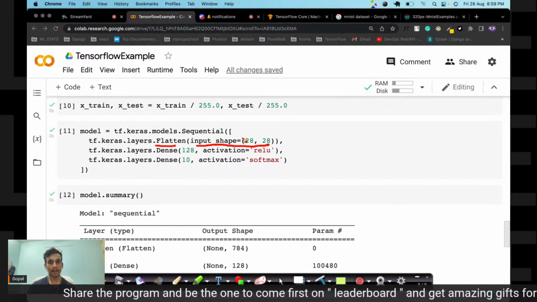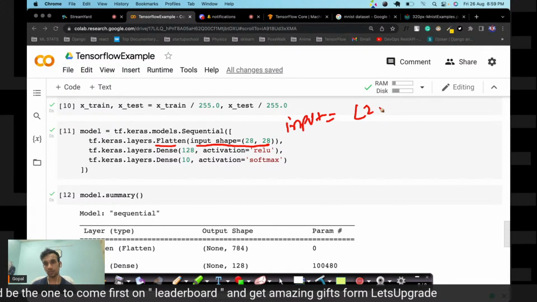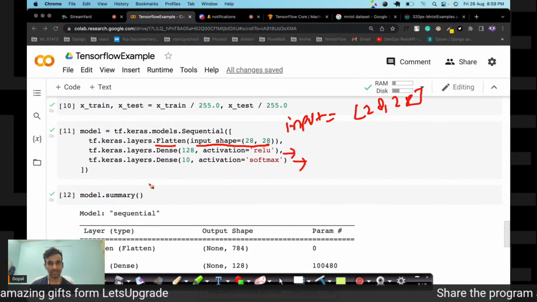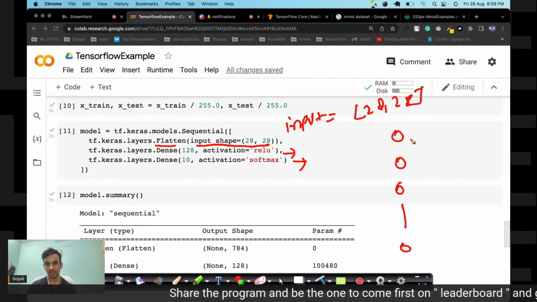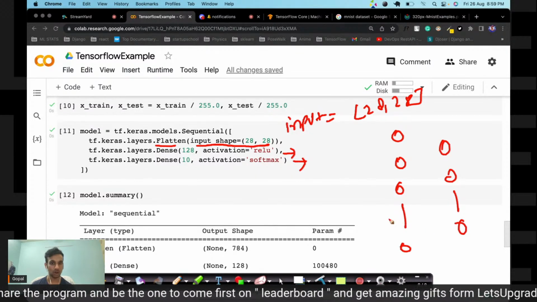So our input is in the format of 28 cross 28, right? And this is your dense layer, and this is again your dense layer. Let me lay this out here. We have these neurons here, 128 of them, and we have 10 values on the output layer.